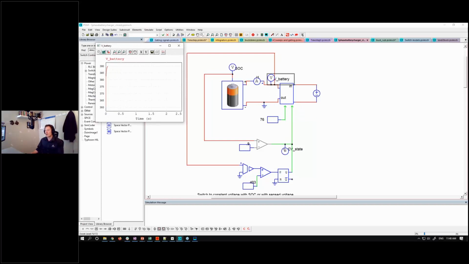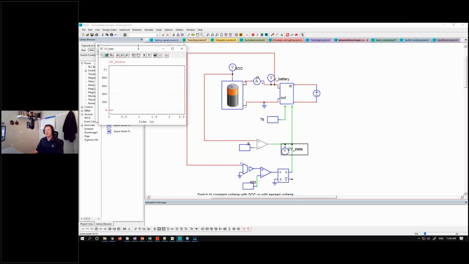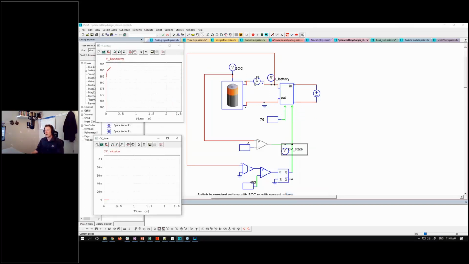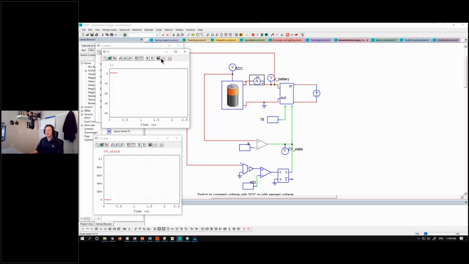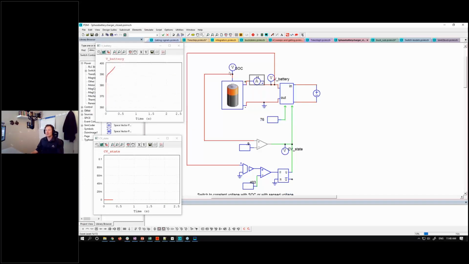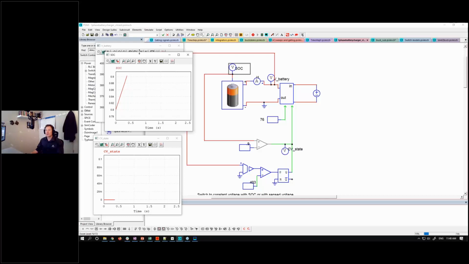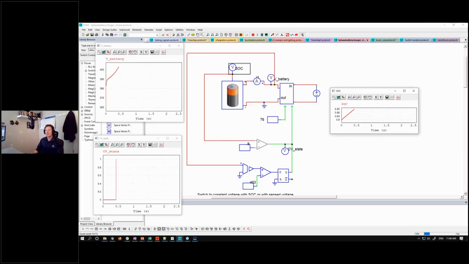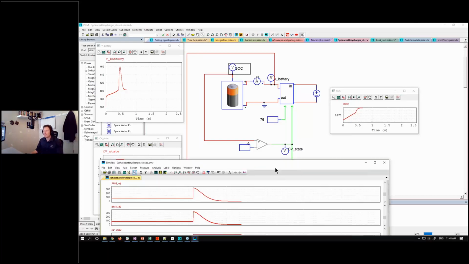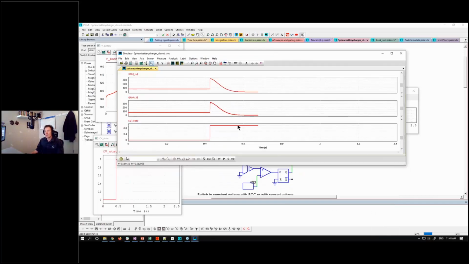So there's the voltage on our battery. There's the current into this thing. Here, let's go state of charge. Okay, we switched over, and look at that. We've cranked up to 460 volts. And so let's stop. So this is another common problem I see.